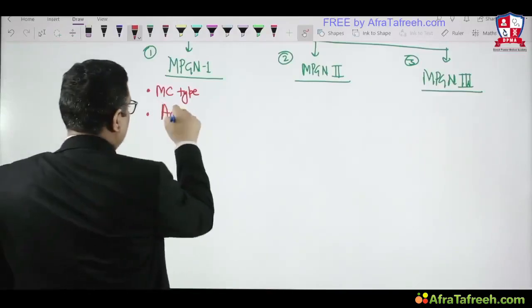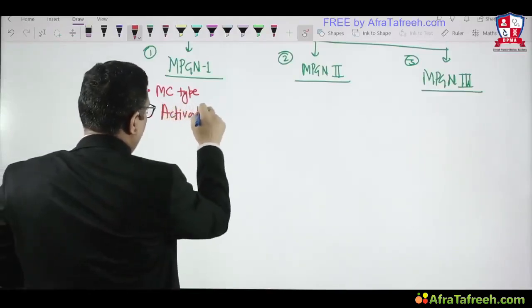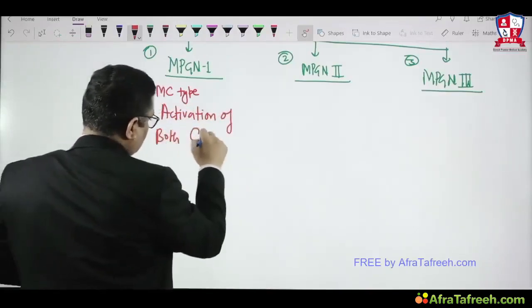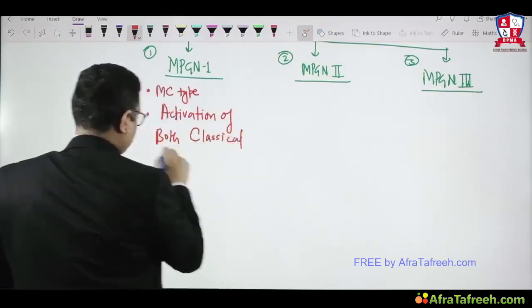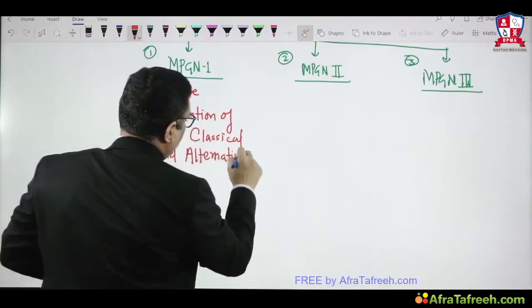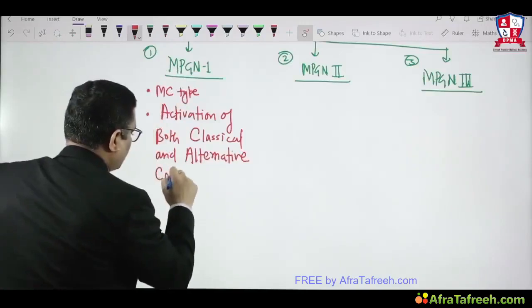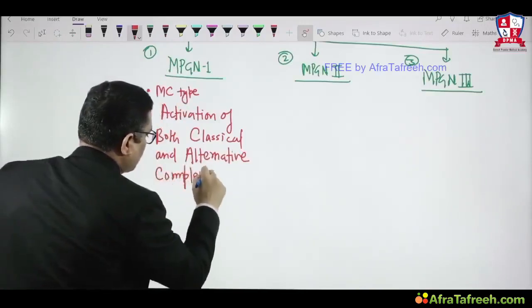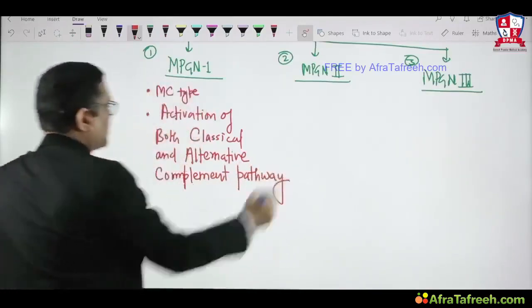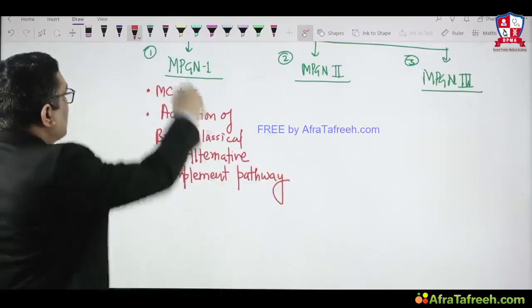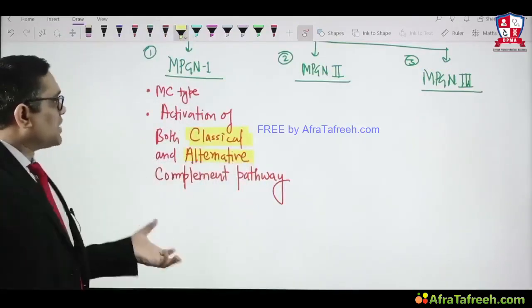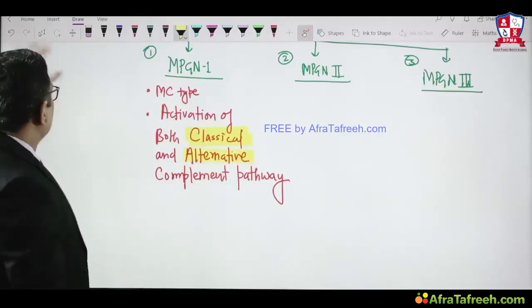So in the pathology, you will see activation of both classical and alternative complement pathways. That is the important point to notice here.